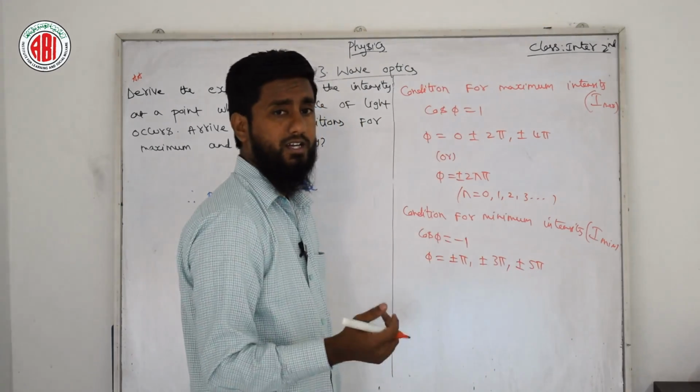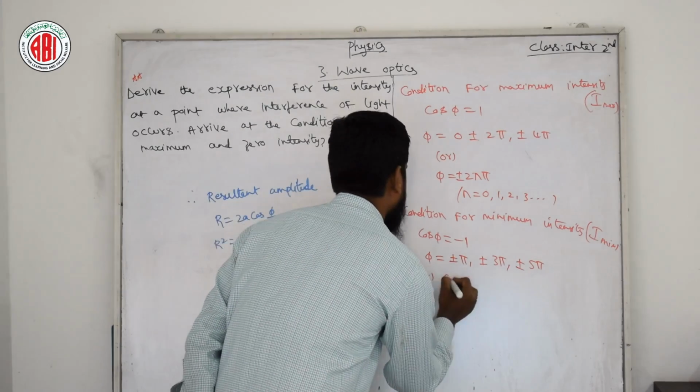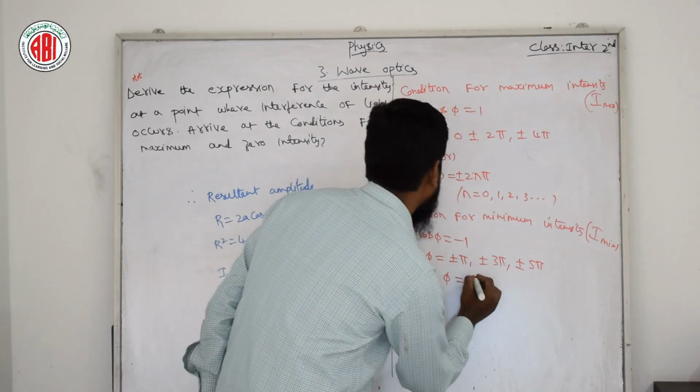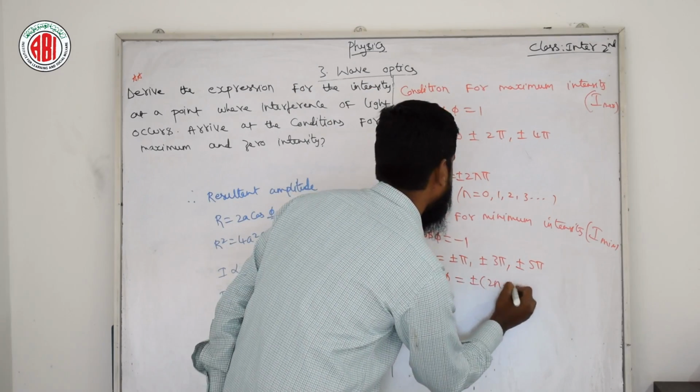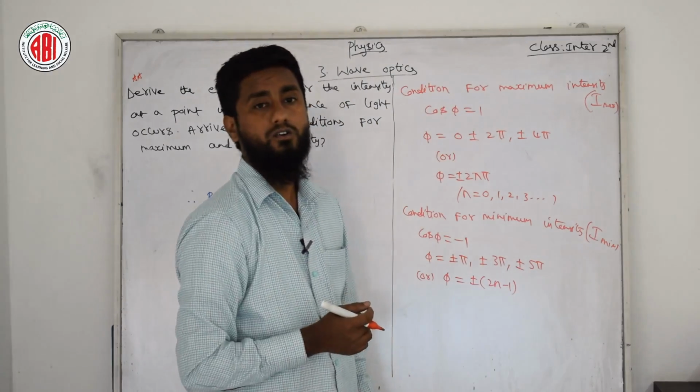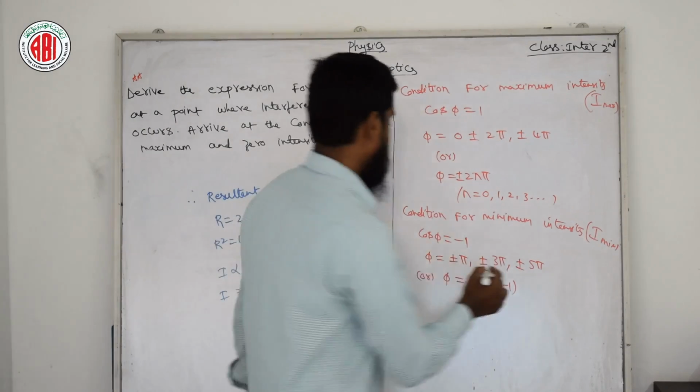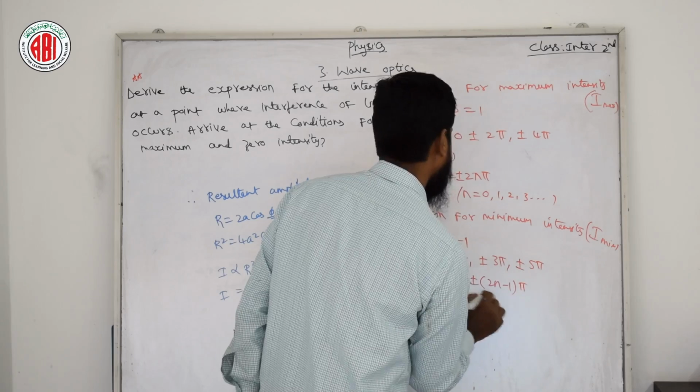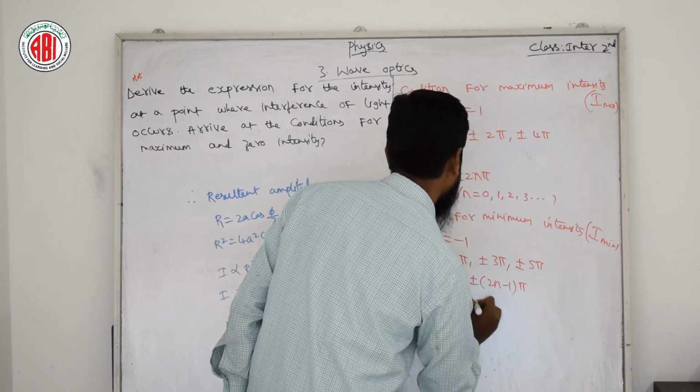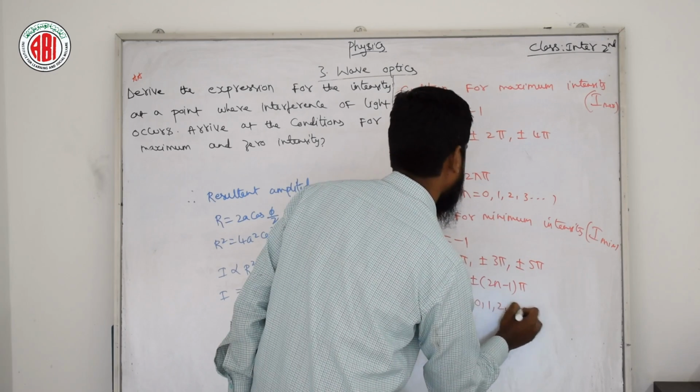Or else we can write phi is equal to plus or minus (2n minus 1) into pi. Same case, n is 0, 1, 2, 3 and so on.